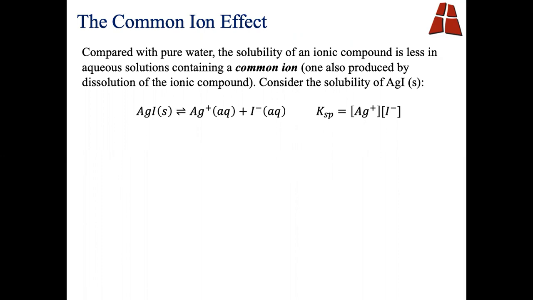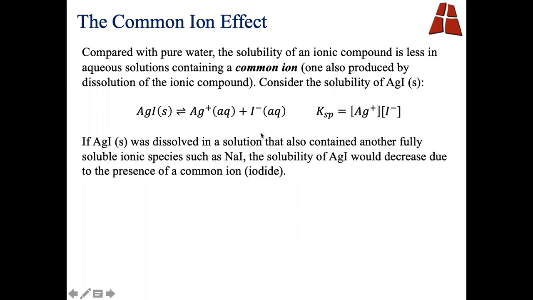However, say we have a solution with a common ion, and instead of being just pure water, it had another species, such as sodium iodide, which is fully soluble. The presence of additional iodide in our solution would decrease the overall solubility of our silver iodide.